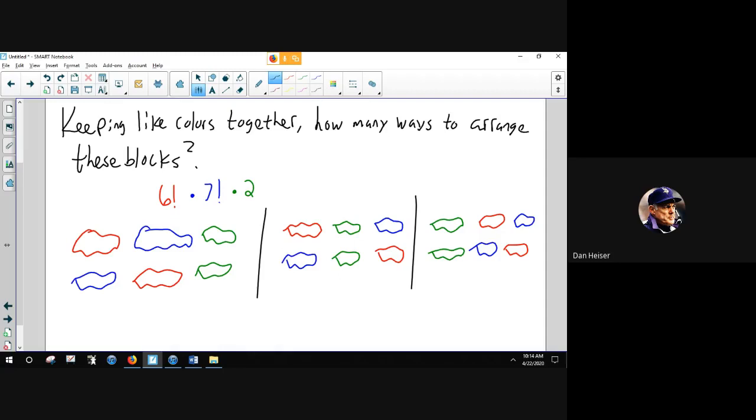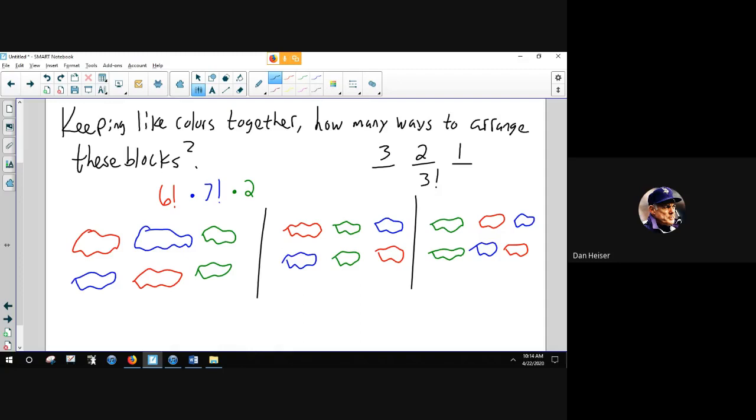So what essentially we have here are 3 groups of blocks. Keeping the groups together, one group has to be first, one group has to be second, and then one group has to be third. Well, that's 3 factorial. And that makes sense.